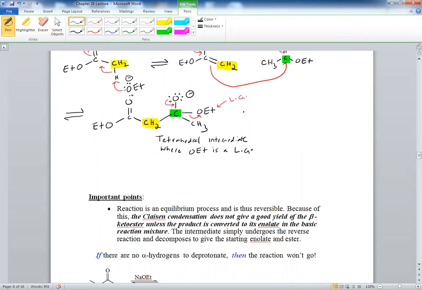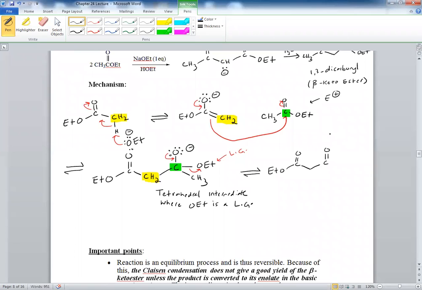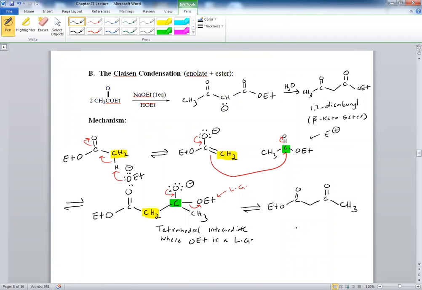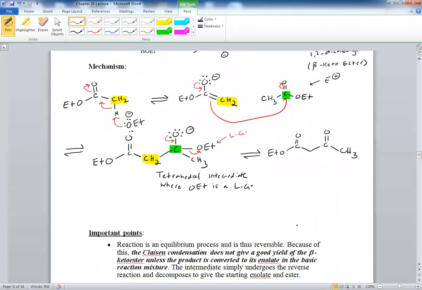So our product will be CH. So it's flipped here. This is the same thing. So that's the Claisen reaction.